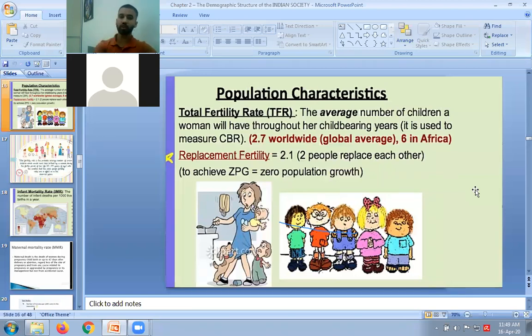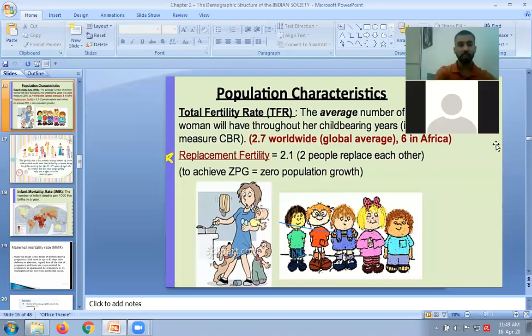Okay, so we can understand how many children a particular woman can bear through her entire childbearing years, right? So this is what total fertility rate is all about.